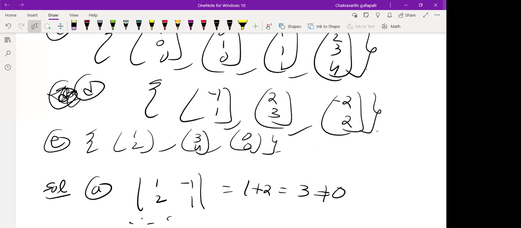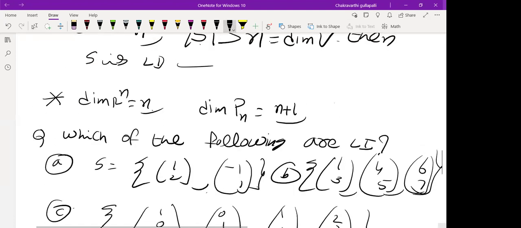Therefore S is linearly independent. Independent subset of which space, M2 or R2? R2, because there are 2 components inside. So it is a subset of R2.